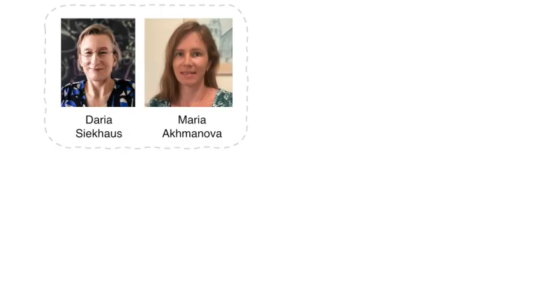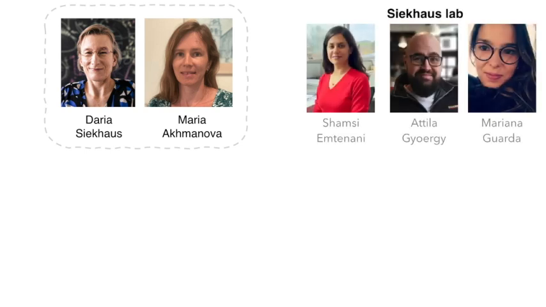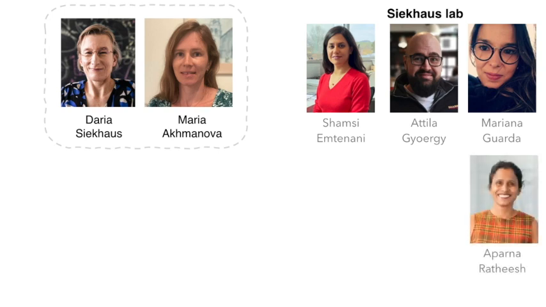The driving force behind this work, as you have probably noticed, was my wonderful postdoc, the first author and co-corresponding author, Masha Akhmanova. She was actually trained in biophysics, but she fell in love with microscopy and genetics during this project. She was aided by several other members of my lab, Shamsi Imtinani, Attila Gyurgi, and Mariana Guarda, and she built on the foundation laid by my former postdoc, Aparna Ratish, who is now a professor at the University of Warwick.